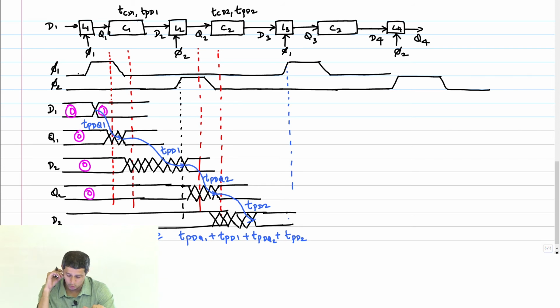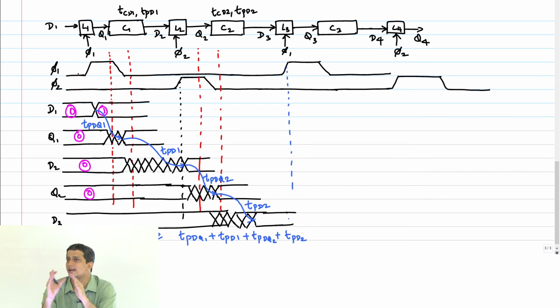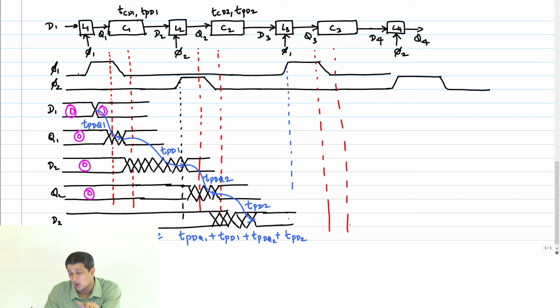Rising TPD2 can change, it can actually change even later. But now I'm just imposing a constraint that I want it to finish in that cycle. Because there are cases later where I cannot do this time borrowing from the neighboring cycle. Technically there is nothing that stops me from making TPD2 go all the way till this boundary. I can take it all the way till here. As long as that happens, it will still function correctly.